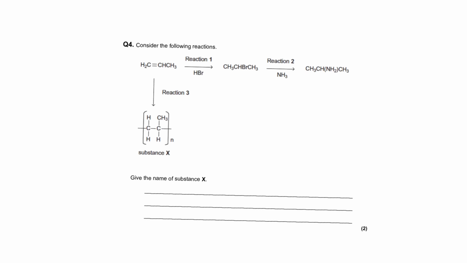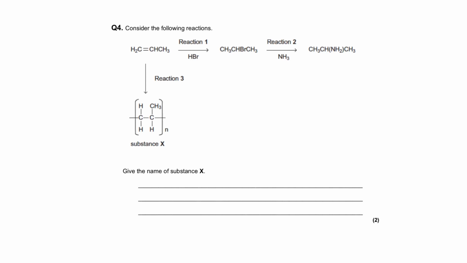Question 4. I'm just going to zoom in a bit. Consider the following reactions. Give the name of substance X. You probably guessed I deleted a whole bunch of other questions. This is actually 2 marks because there is something else which I accidentally deleted, which was name the type of reaction occurring in reaction 3.